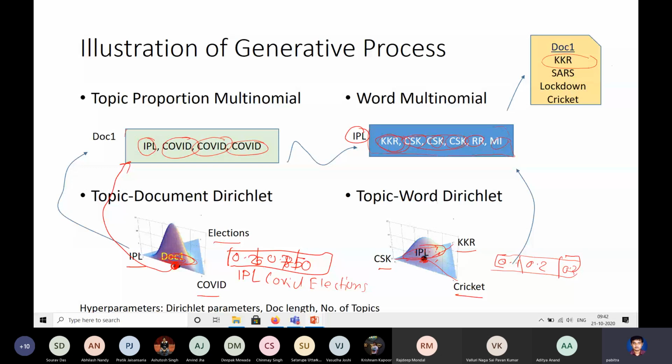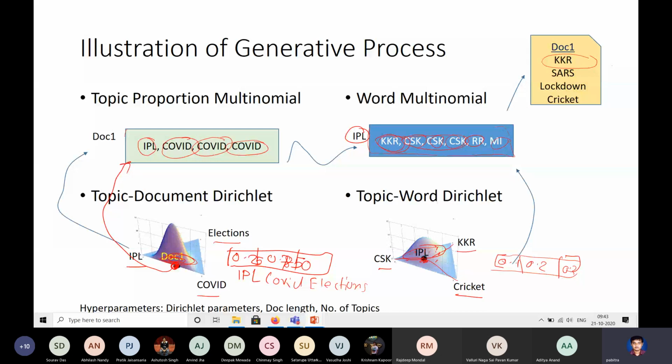Similarly, any document you pick up in the topic simplex will consist of few topics, not all topics. That is good. We don't want a document talking about everything in the world. We want a document talking about something in the world. That's what this Dirichlet constrains you to. And similarly, a topic is not a broad topic.